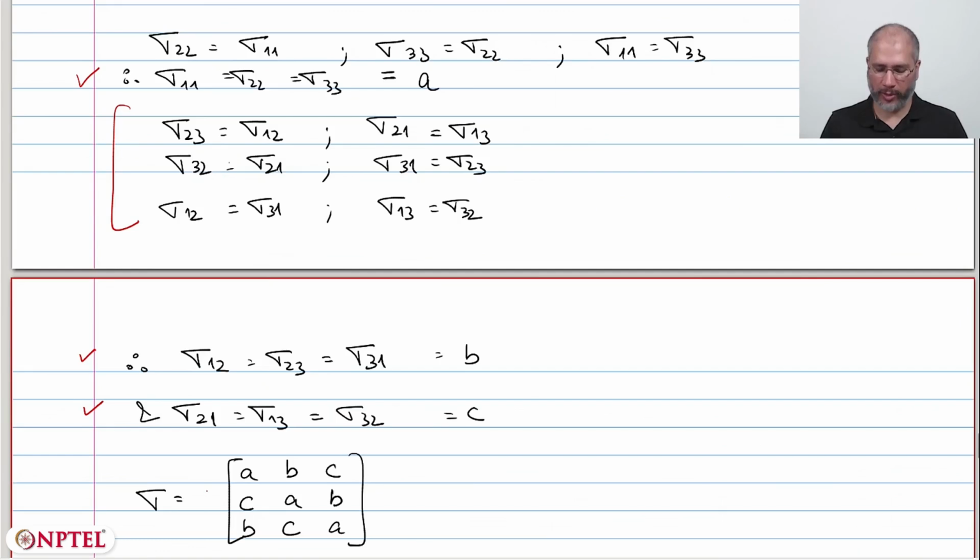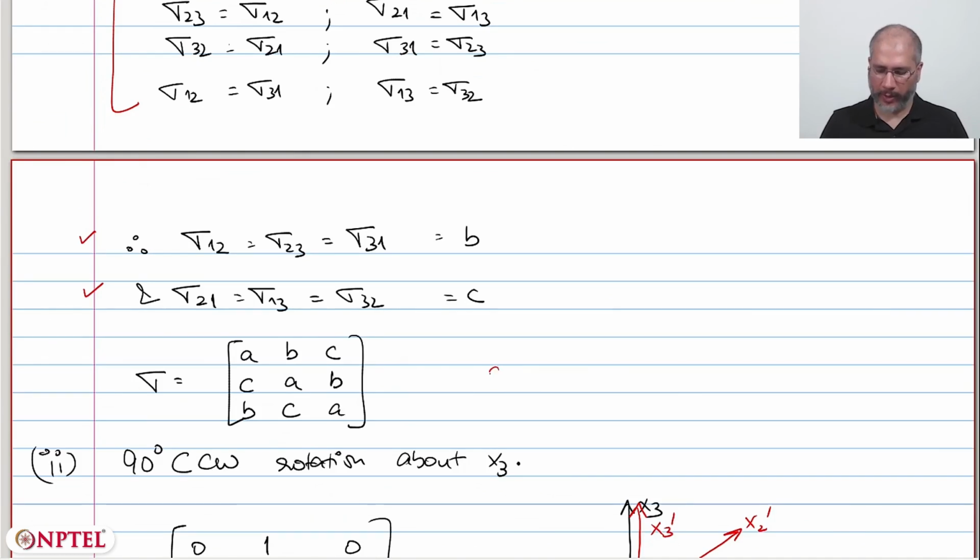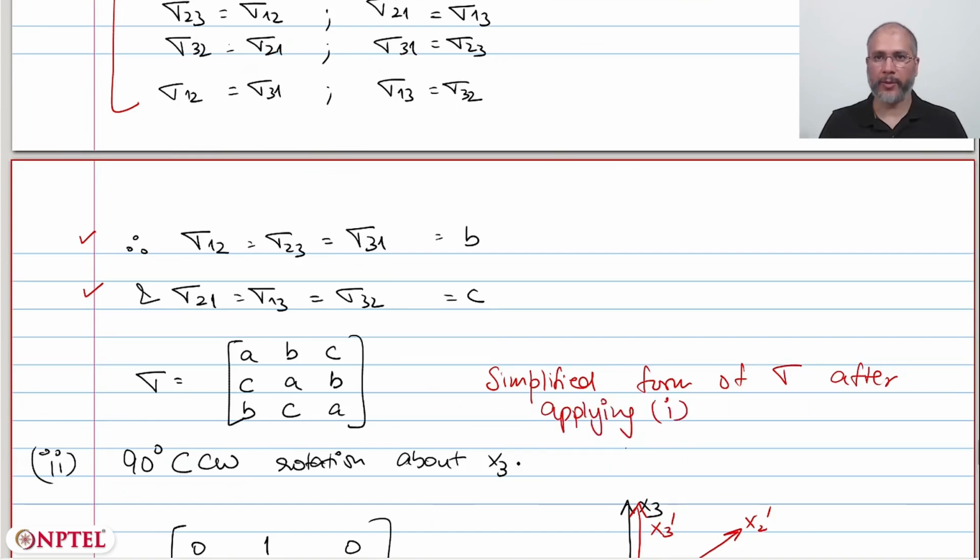So what this means is that we can represent sigma using just three constants now, A, B, and C. So this is the simplified form of sigma after applying the first transform. Now we apply the second transform to further simplify this and get rid of B and C.